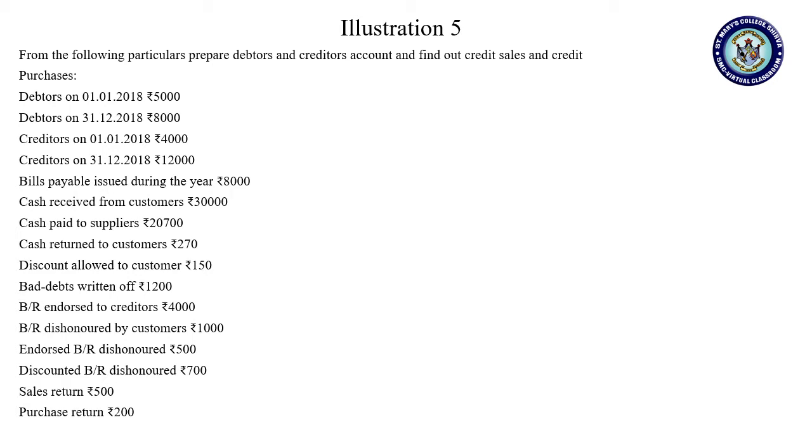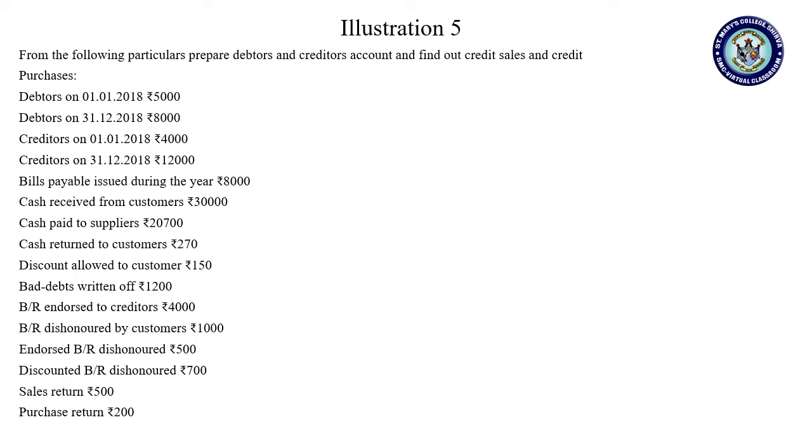Here they clearly mention you have to prepare debtors and creditor account and find out credit sale and credit purchase. If they ask you to find out credit sale, then you have to prepare debtors account. If they ask you to find out the credit purchase, then you have to prepare creditor account. It need not be that they ask everything.